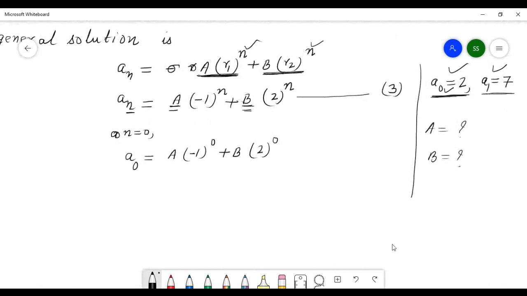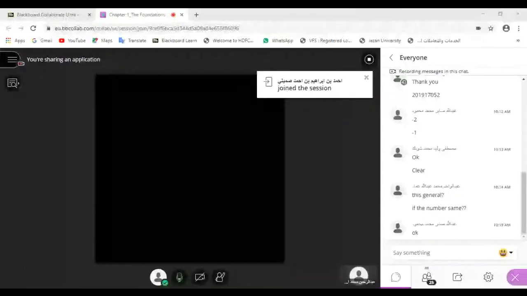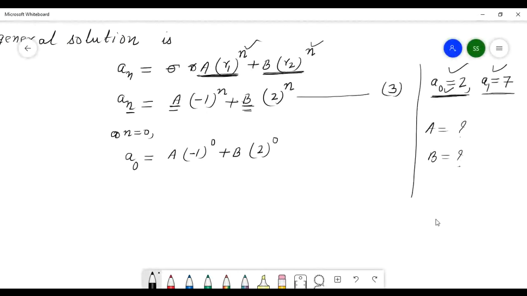Now look here. a0 is 2 here in the question. See this, a0 equal to 2. (-1) power 0 becomes 1. A times 1, plus B times 2 power 0, this is 1.